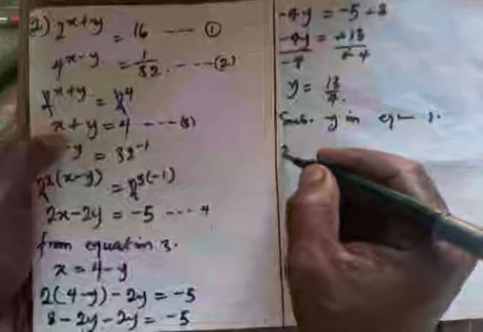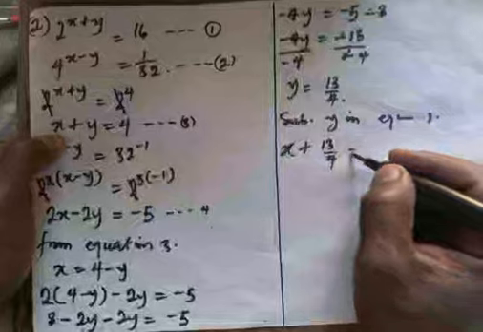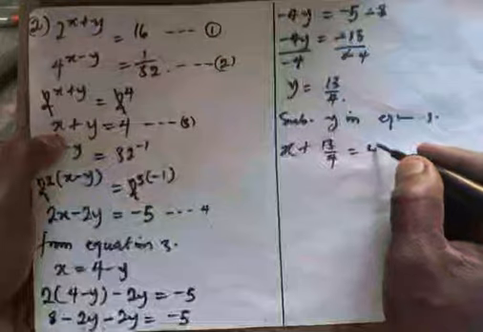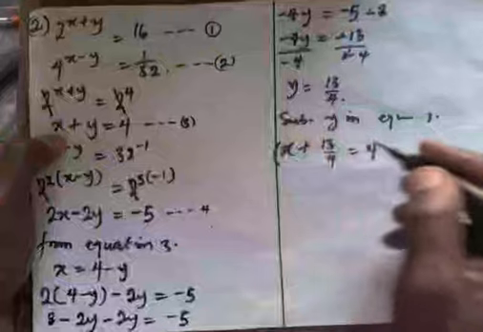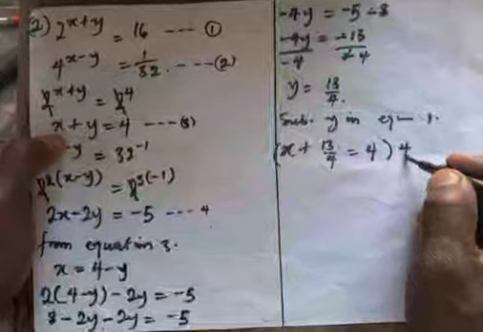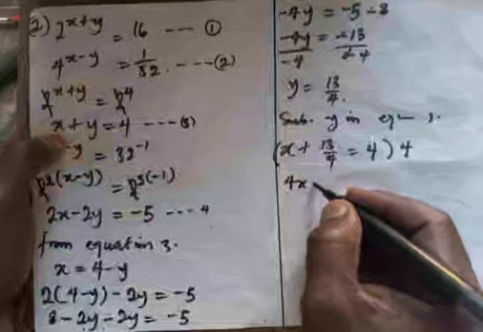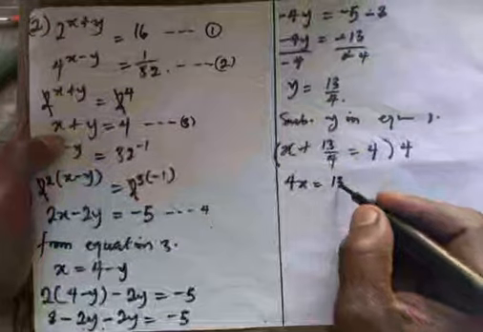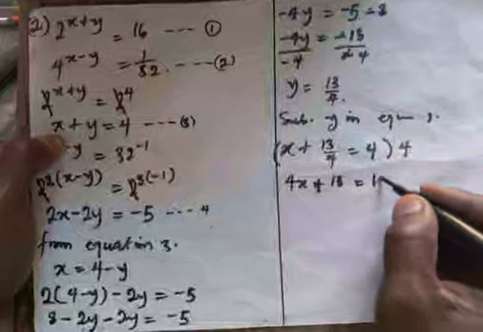So we have x plus 13 over 4 equals 4. Now to make it linear, since this one is a fraction, I will advise you to multiply everything by 4. So we have 4x plus 13 equals 4 times 4, which is 16.